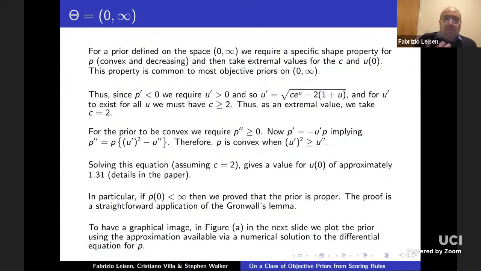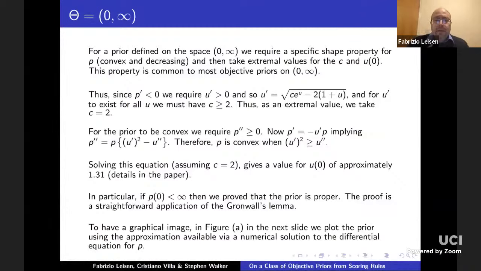In the case 0 plus infinity, we want to ask a little bit more in terms of properties, because in the previous case we asked basically symmetry and a behavior at the extremes. Here we would like to obtain a prior that is convex and decreasing. This is because many standard objective priors have this kind of properties.